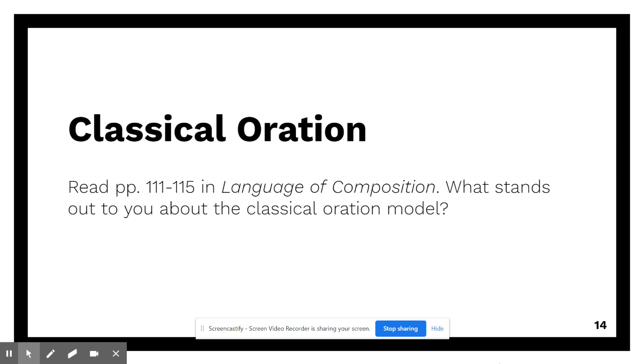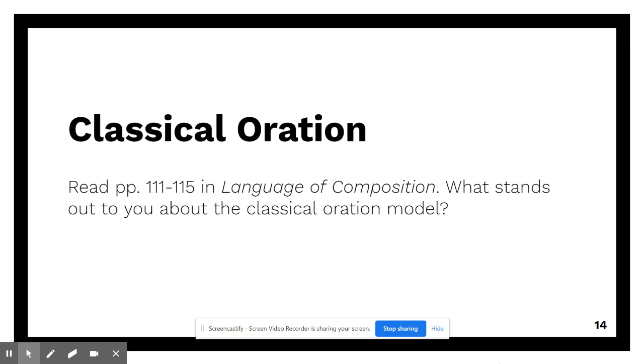So we're going to start today by going to pages 111 through 115 in the language of composition. I want you to read through the description of the classical oration model and then also to read the sample essay that is given to you in your book, that is actually also labeled explaining to you the classical oration model. So you should have read those pages, and what I would like to draw your attention to in the classical oration model, I like that this is a flexible model, that it does not label the parts as paragraphs.